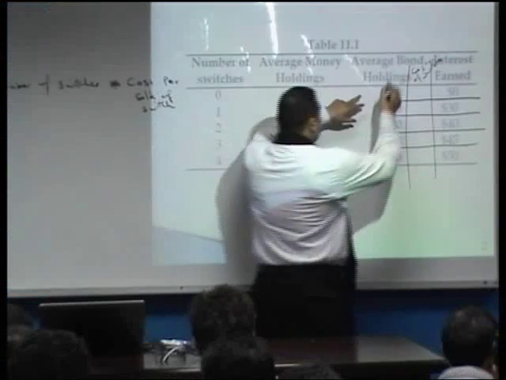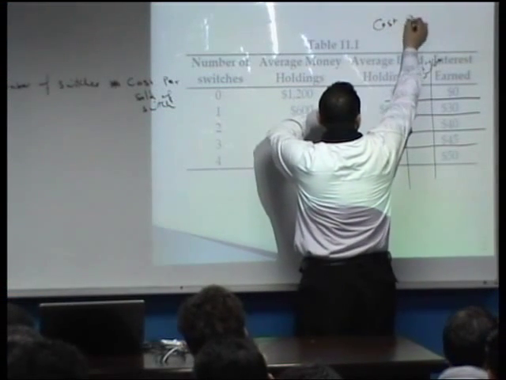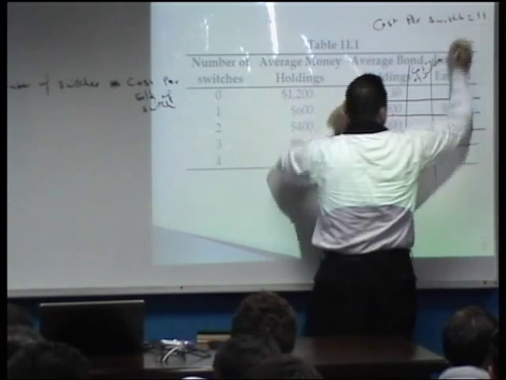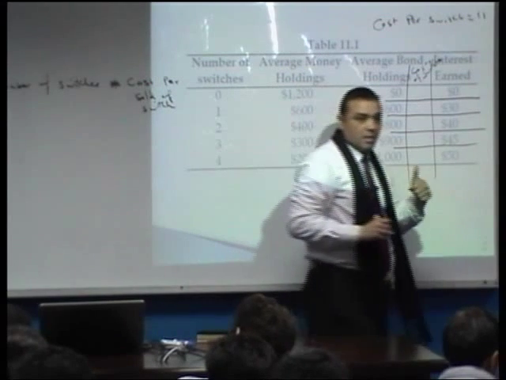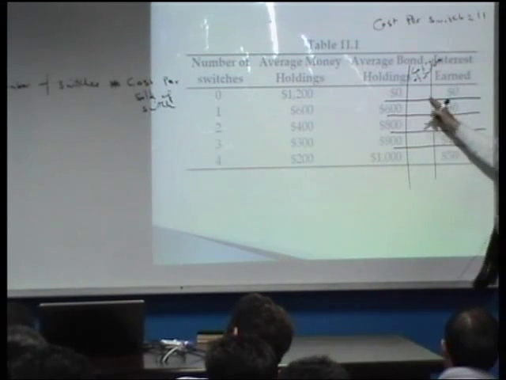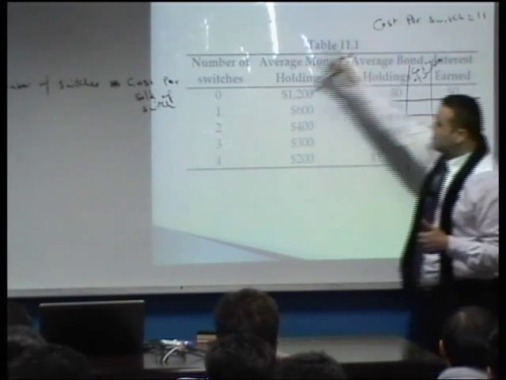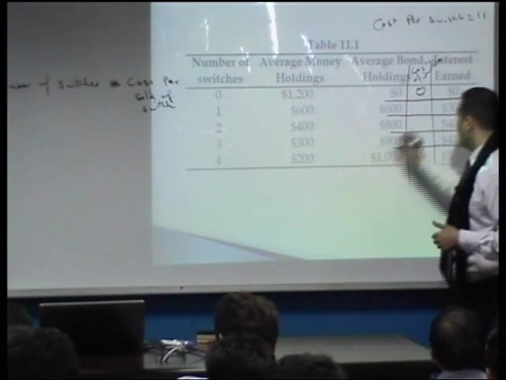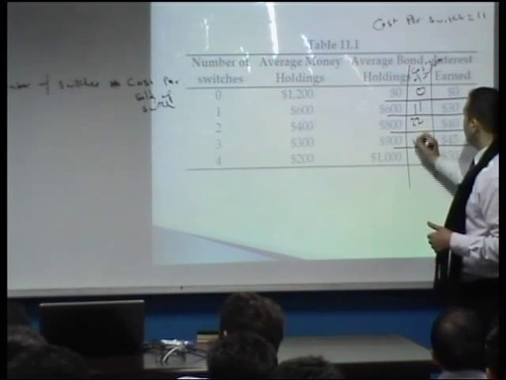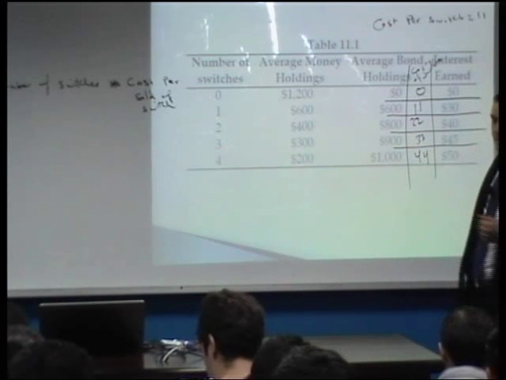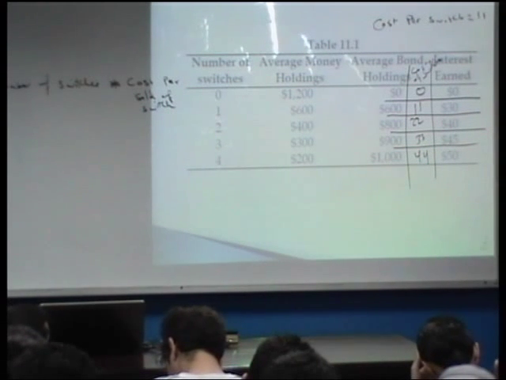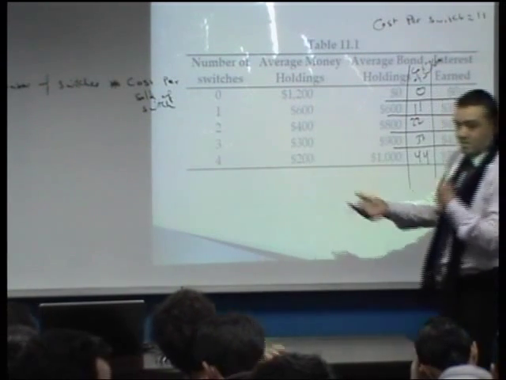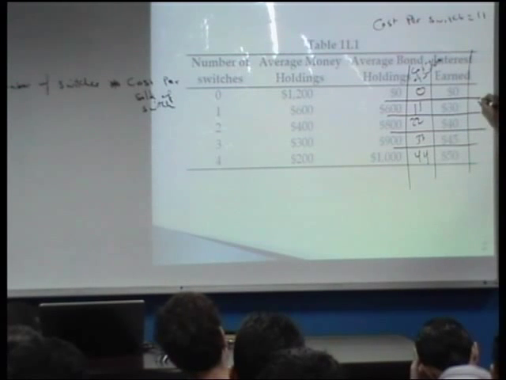So our assumption is that the cost per switch equals $11. For the first case, 11 times 0 is 0, 11 times 1 is 11, 22, 33, 44, right? Let's calculate the net profits to determine the optimal balance, and then the optimal average money holding and bond holding and so on.